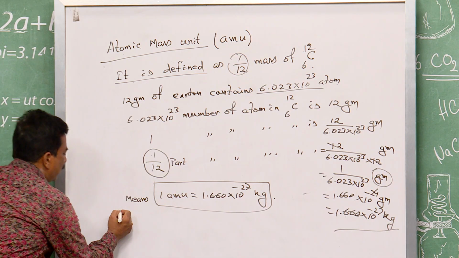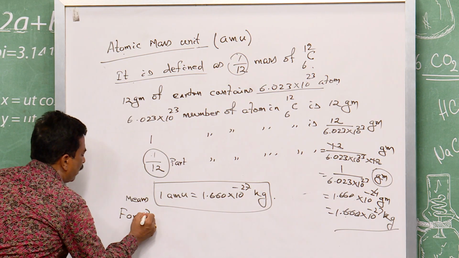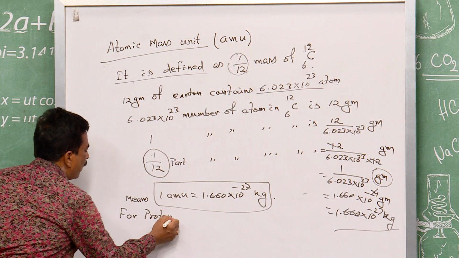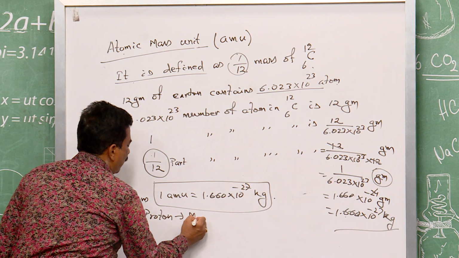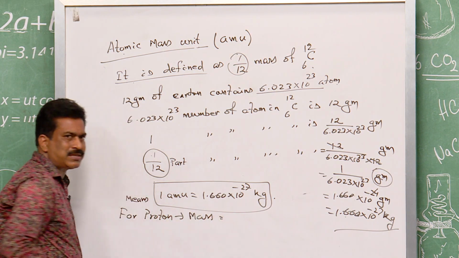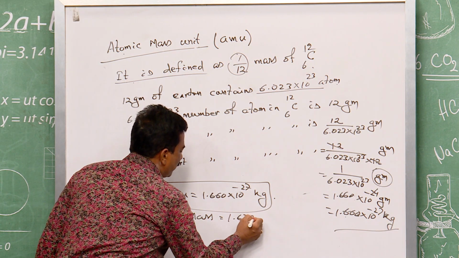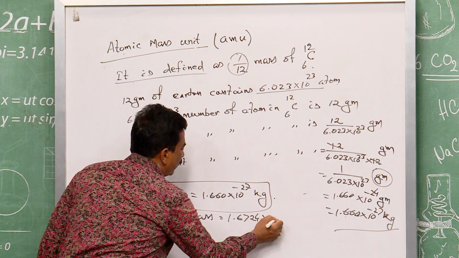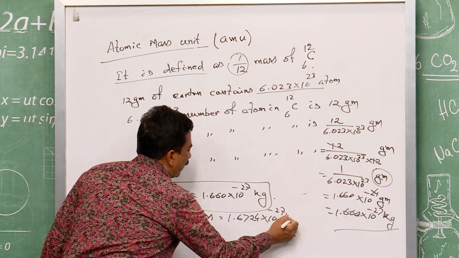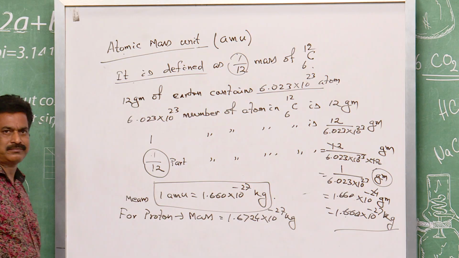But as you know, for a proton, the mass is how much? I said in the last class, that is 1.6724 into 10 to the power of minus 27 kg.